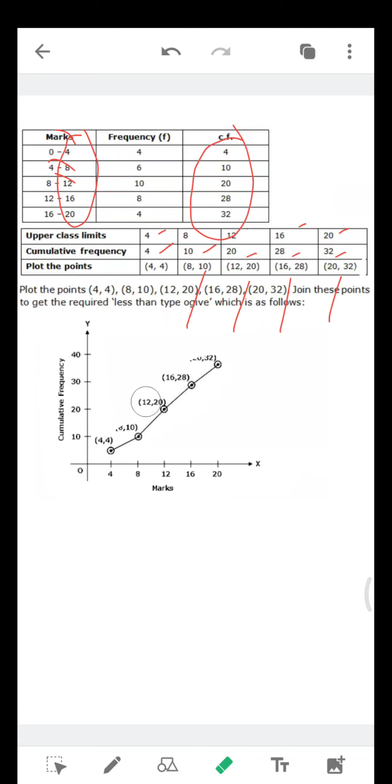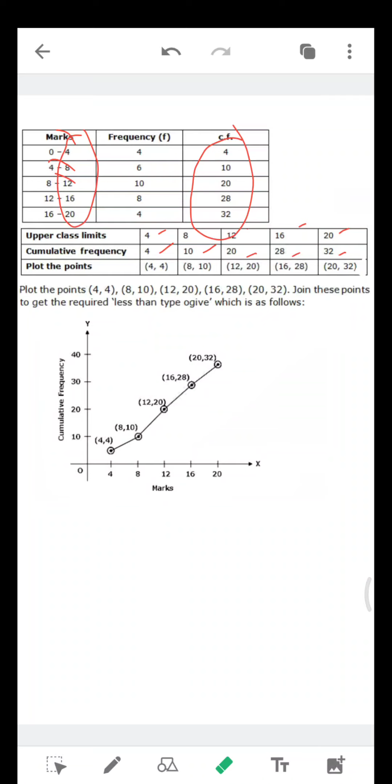After taking the points, you should join them using a scale, or roughly you can join with free hand. Better you use the scale for accuracy. So all the points are taken on the graph. 4 comma 4 came here, then 8 comma 10 came here, then 12 comma 20, then 16 comma 28, and then 20 comma 32. So this way we plot the graph and we get a curve.